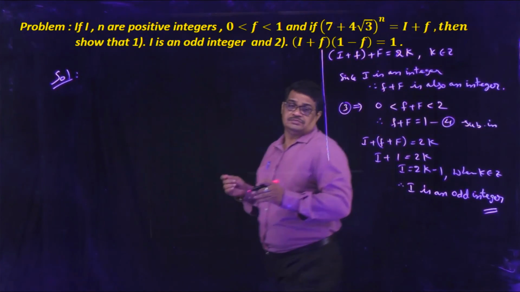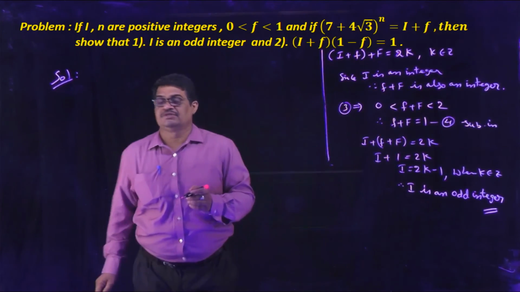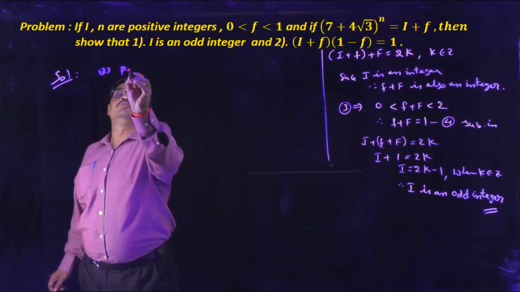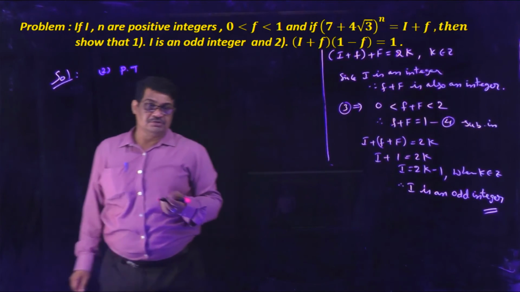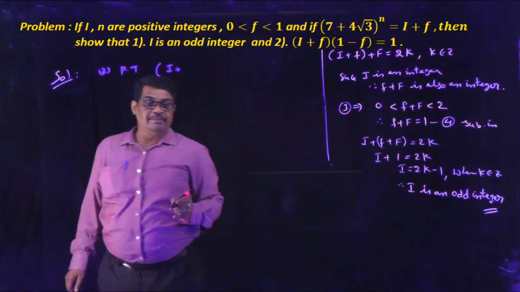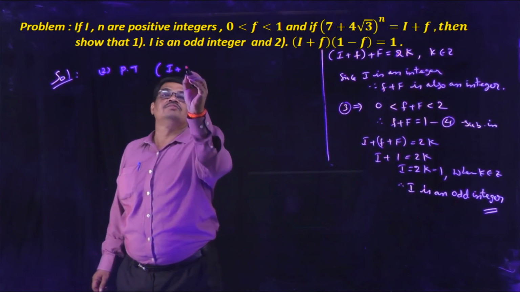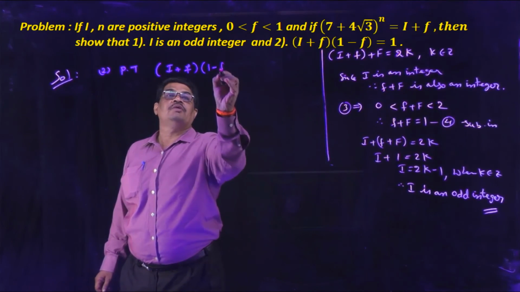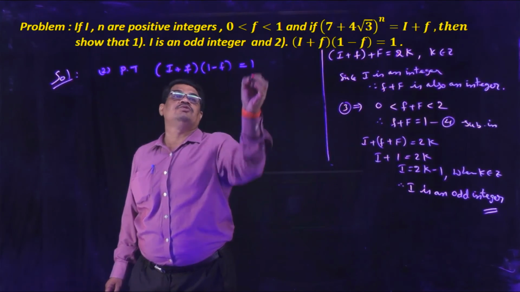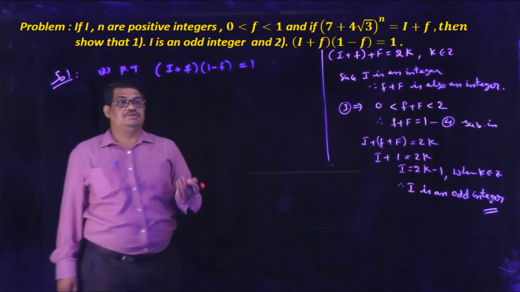Now we are proving the second one. What is the second one we have to prove? The result is I plus f into 1 minus f is equal to 1. Now we are proving this one.